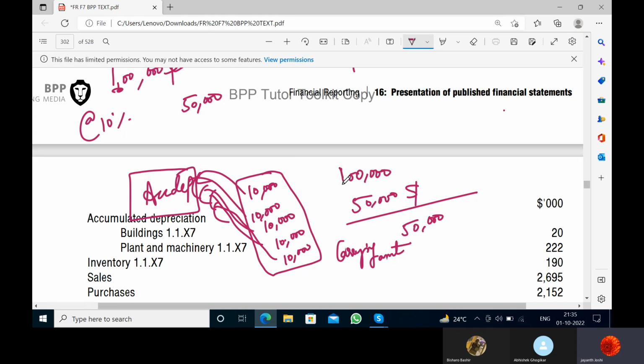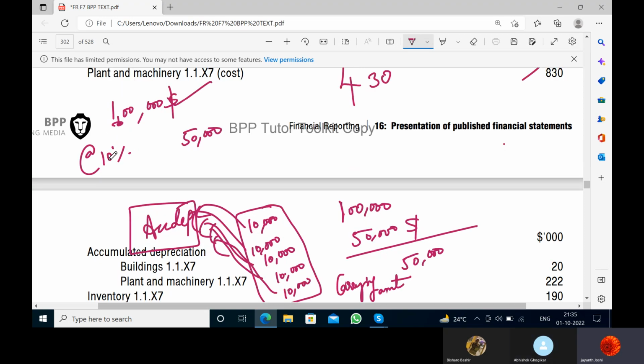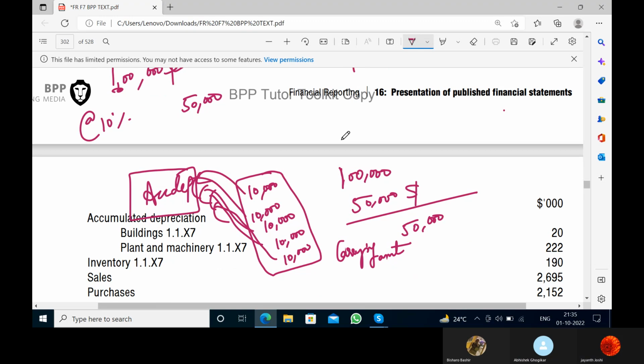See, this is the asset value and it is getting depreciated every year. The rate of depreciation is 10%. So every year, 10% of this asset value, which is $100,000, would be deducted from that asset as depreciation. If you have studied BCom, you would know this better. So $10,000 first year depreciation, second year 10,000, third year 10,000, fourth year 10,000, fifth year 10,000. Every year's depreciation is transferred to an account called the accumulated depreciation account.